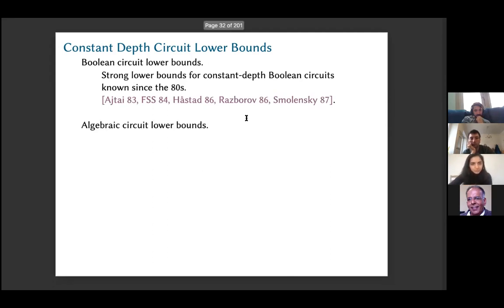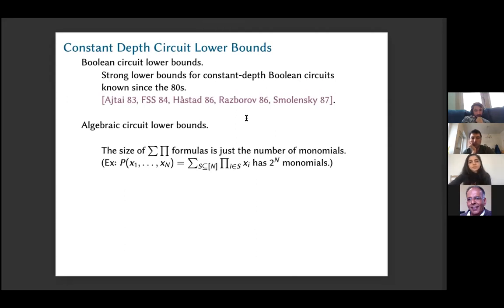In the algebraic world, however, the picture is not so rosy. If we just look at sigma pi circuits, then proving lower bounds is trivial because in depth 2, you need the size of the circuit to be at least as much as the number of monomials in the polynomial.